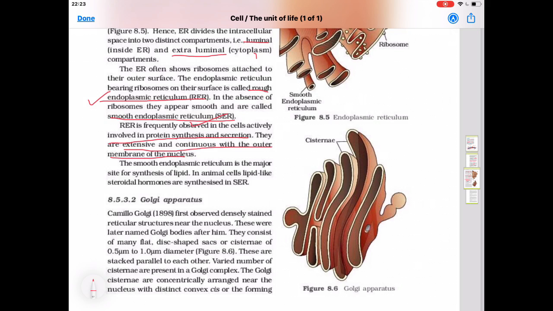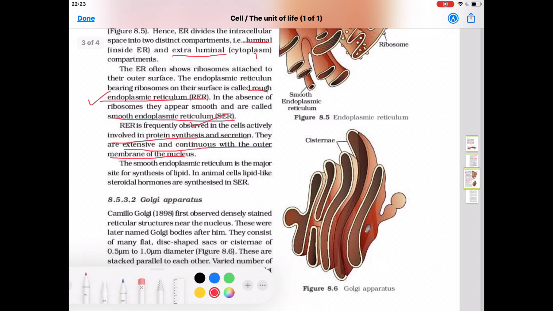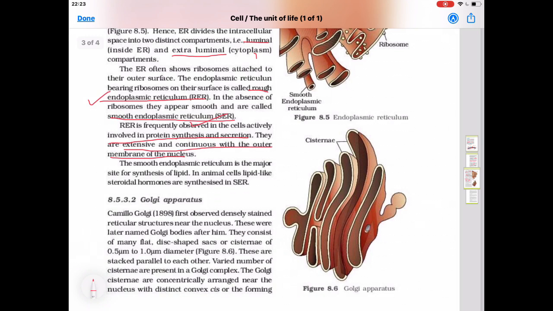The smooth endoplasmic reticulum is the major site for synthesis of lipids. In animal cells, lipid-like steroid hormones are synthesized in smooth endoplasmic reticulum. In RER, proteins are synthesized, and in smooth endoplasmic reticulum, lipids are synthesized.